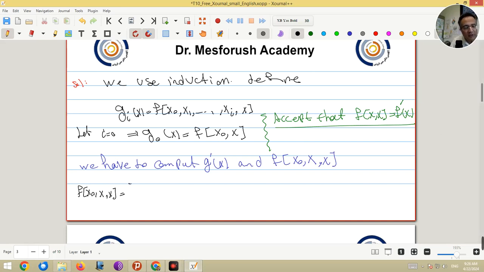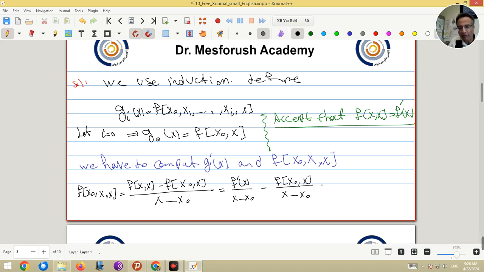By the definition of the divided difference, it will be f of x and x minus f of x0 and x, over x minus x0, and this one will be f prime of x over x minus x0 minus f of x0 and x over x minus x0.